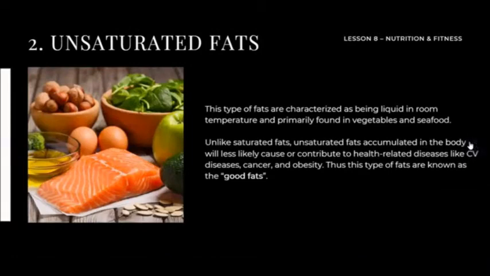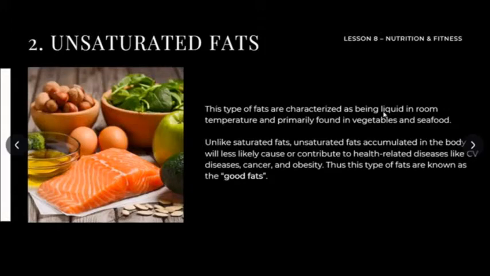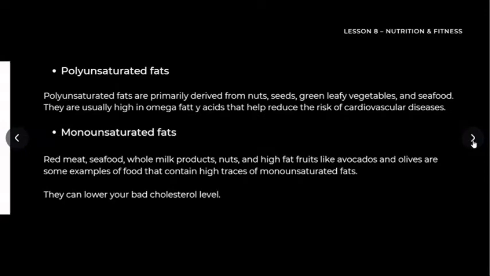Next, we have the unsaturated fats. This type of fat is characterized as being liquid at room temperature and primarily found in vegetables and seafood. This is also considered good fat, or high density lipoproteins. It removes the cholesterol from the blood. And there are two types of unsaturated fats: polyunsaturated fats and monounsaturated fats.